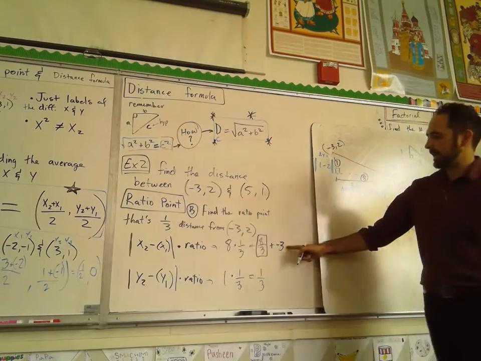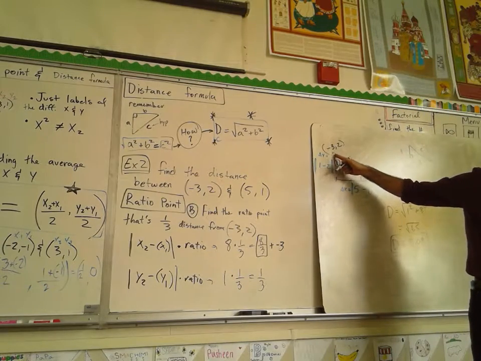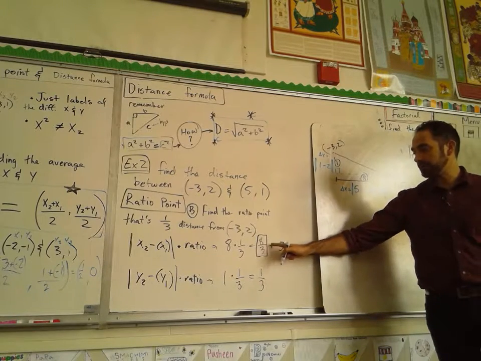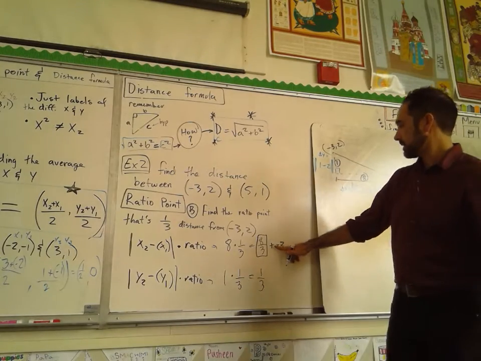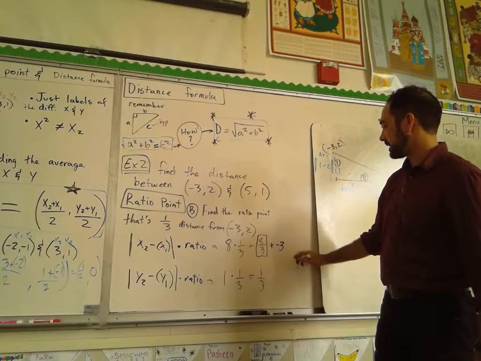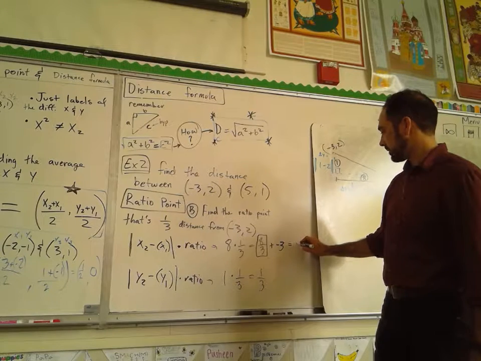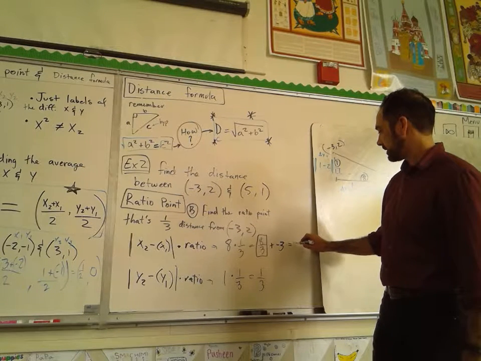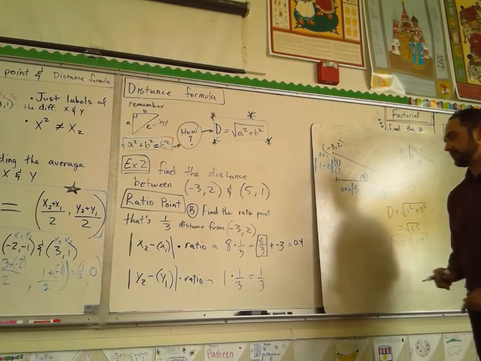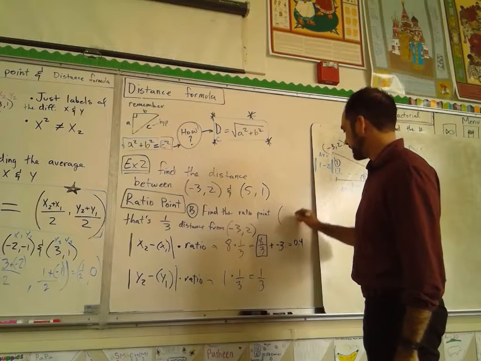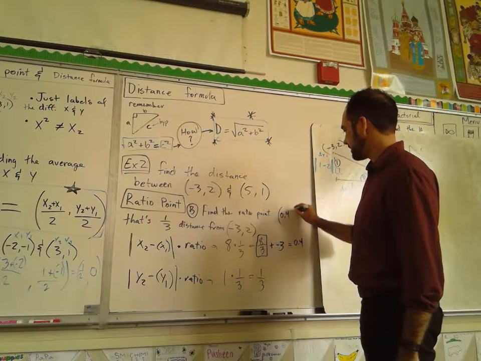Because my x value for the point I'm finding the distance from is negative 3, I add 8/3 plus negative 3. That gives us positive 0.4 (approximately), so my new x value is about 0.4.